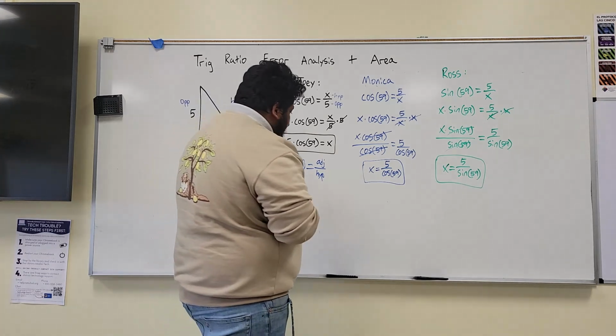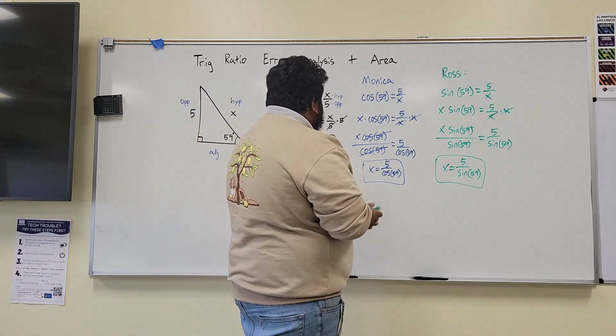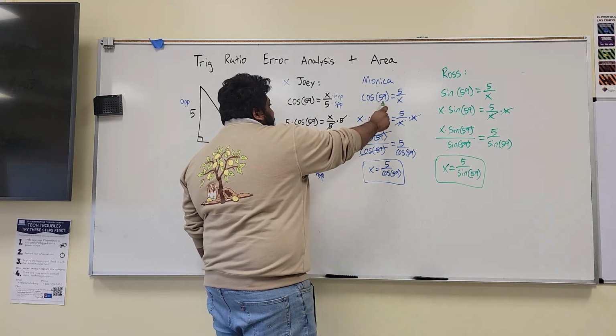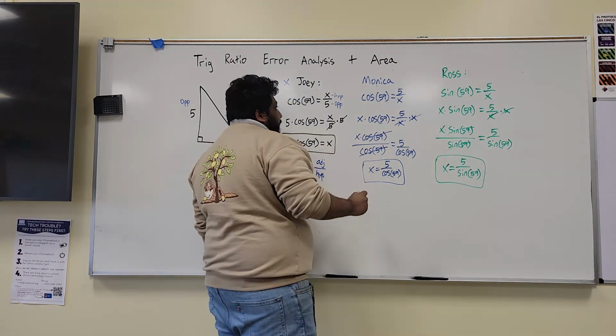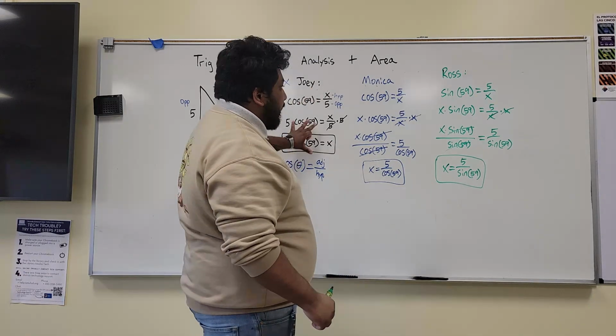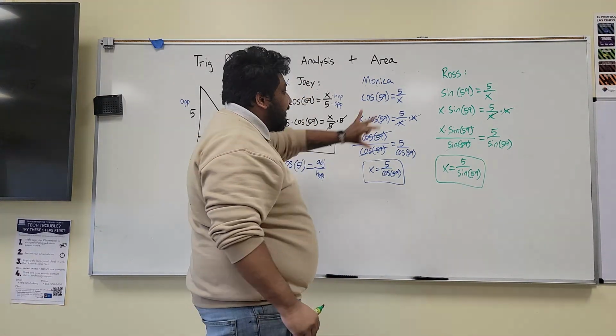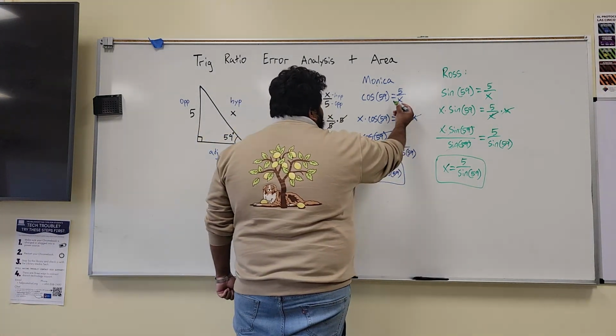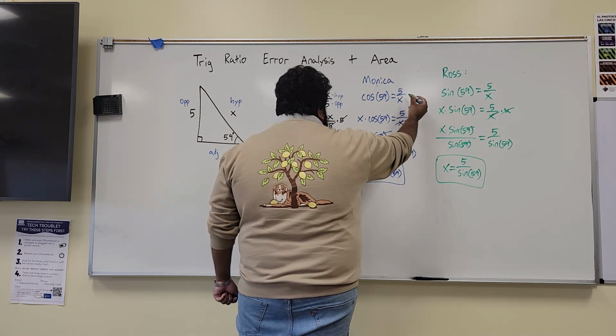Alright, now let's look at Monica's. She also did cosine of 59. Let's assume that you didn't look at Joey's and you went straight to Monica's. Monica's setup has cosine of 59 is equal to 5 over x.